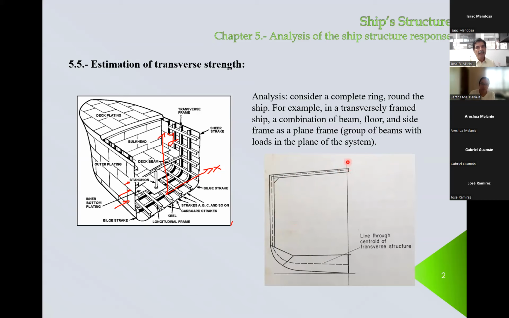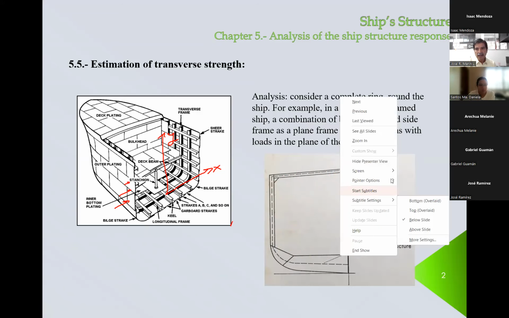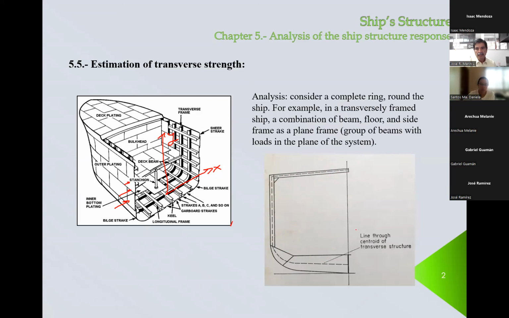What would be the conditions to consider symmetry in this part here? So let's suppose that this is Y and this is Z. What would be the conditions here in order to have symmetry analysis?